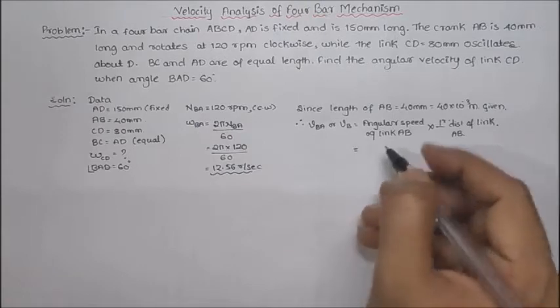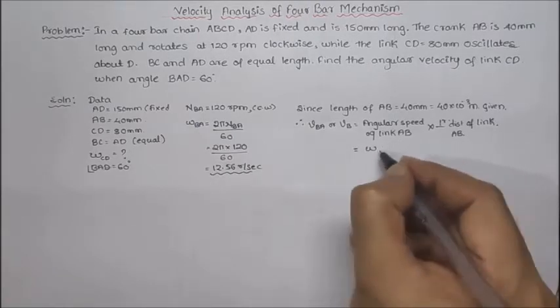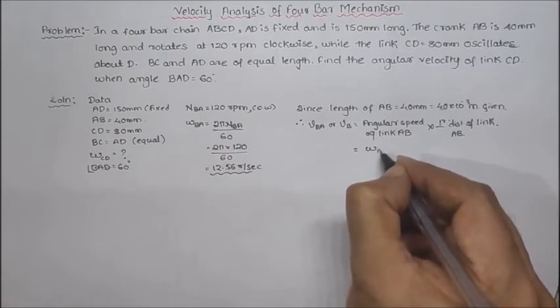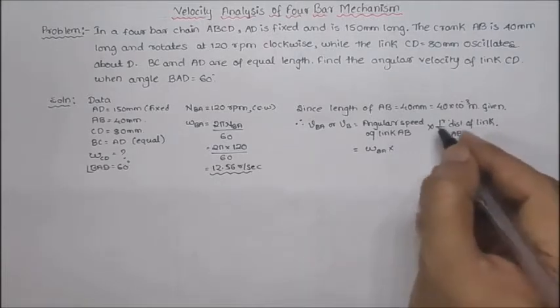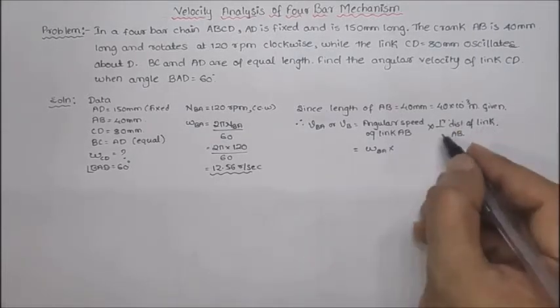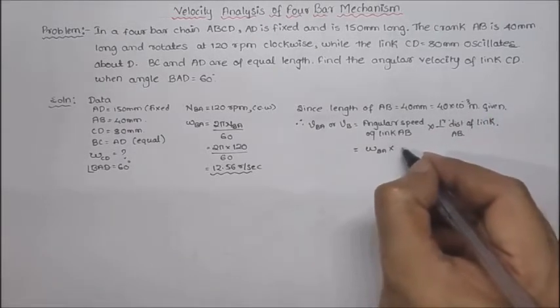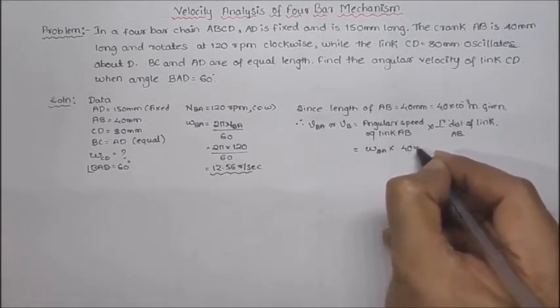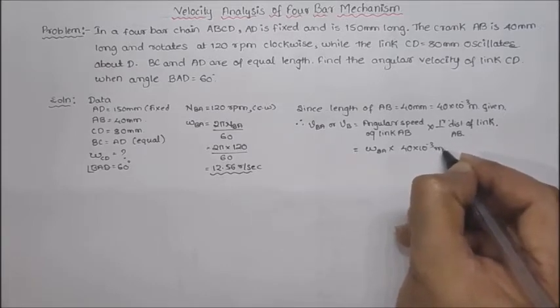So when we substitute here, that is omega BA into perpendicular distance of AB. Perpendicular distance of AB is this one, that is equal to 40 into 10 to the power minus 3 meter.